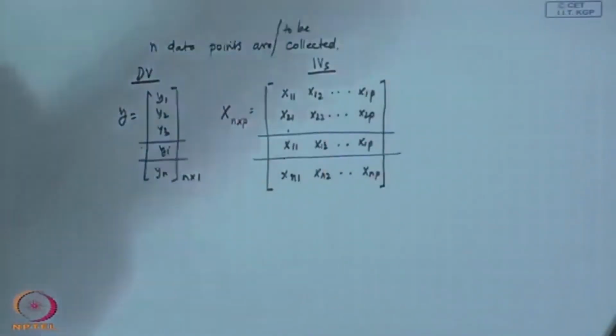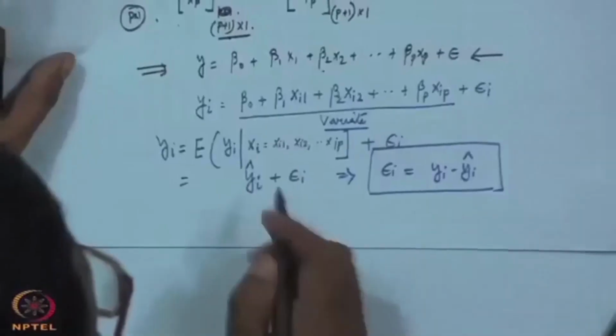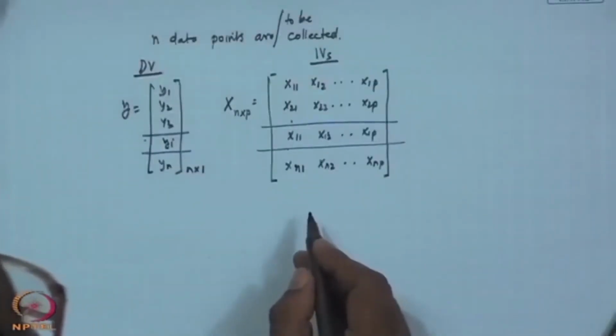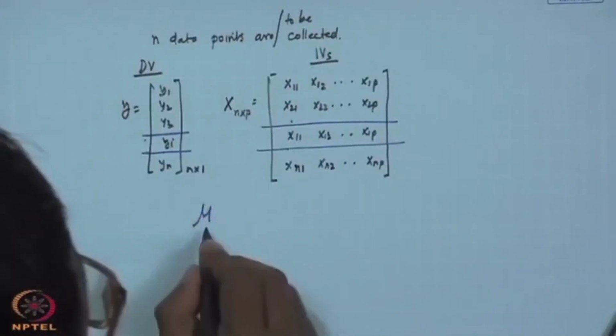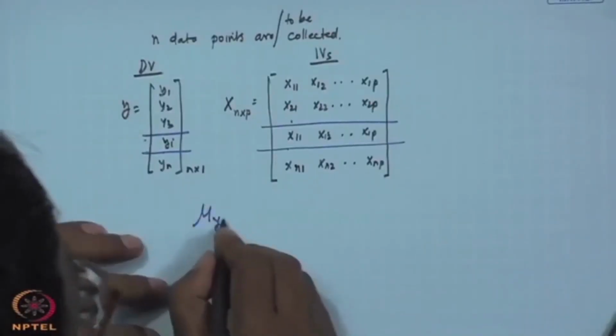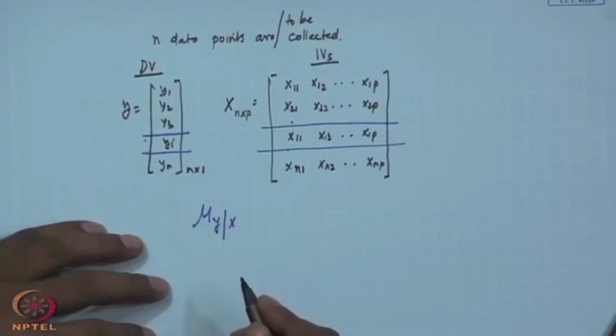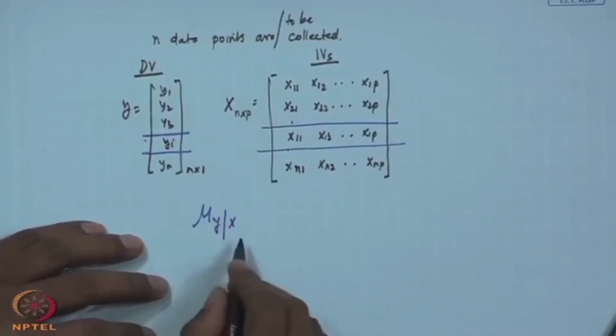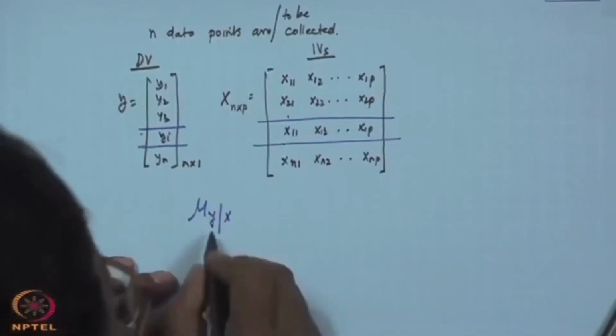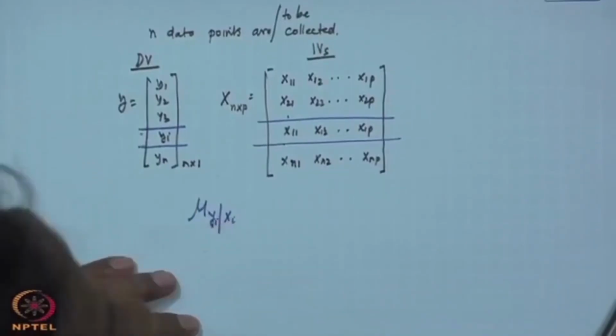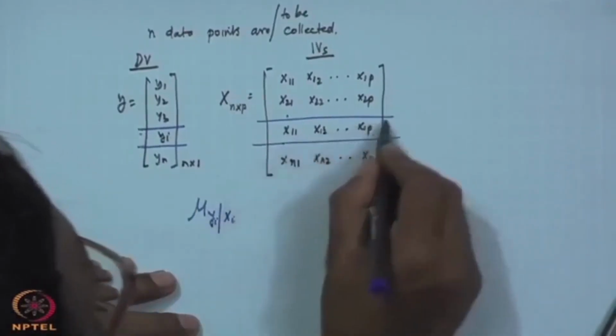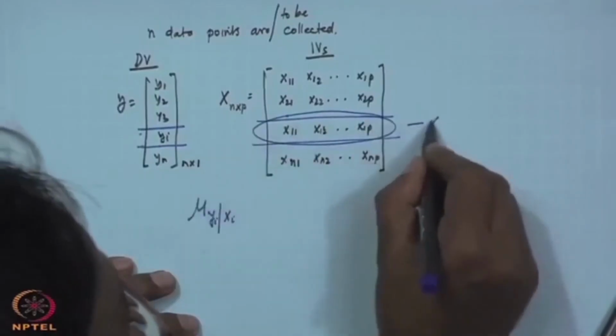So, it is a conditional y. We also write this as mu of y given x. In general, we write mu of y given x. If I say yi, then given xi, where xi is the ith observation.